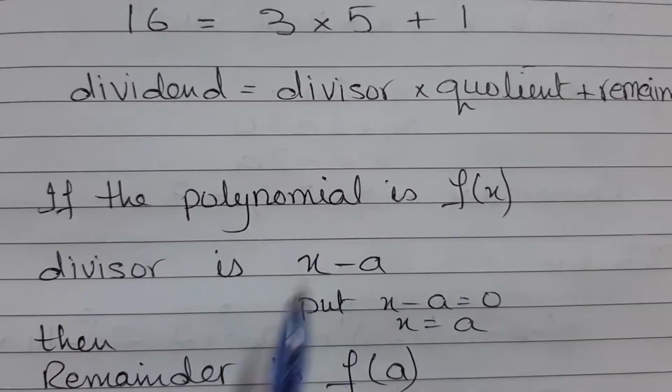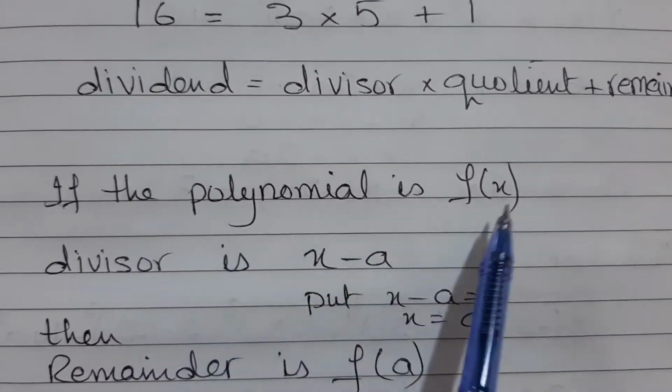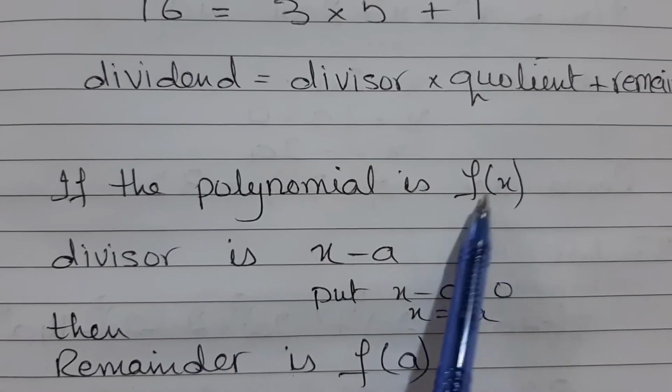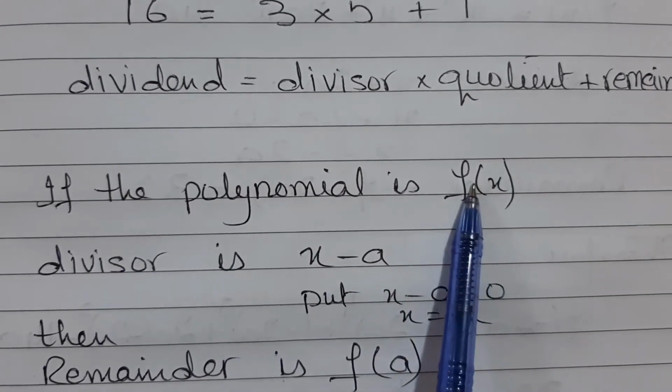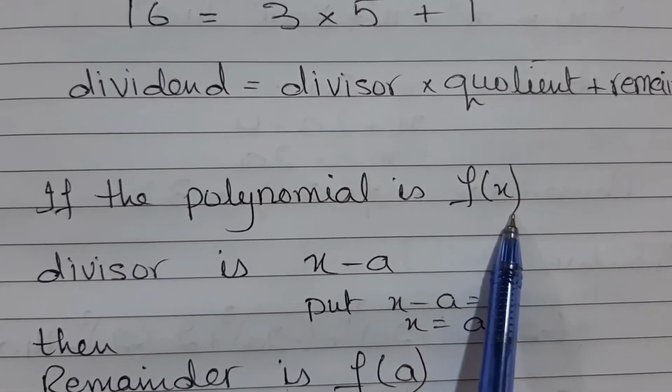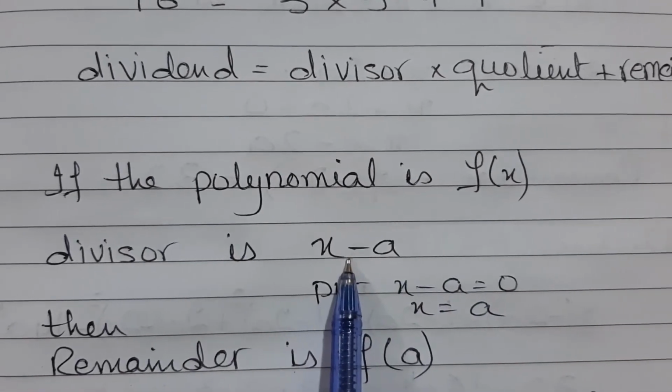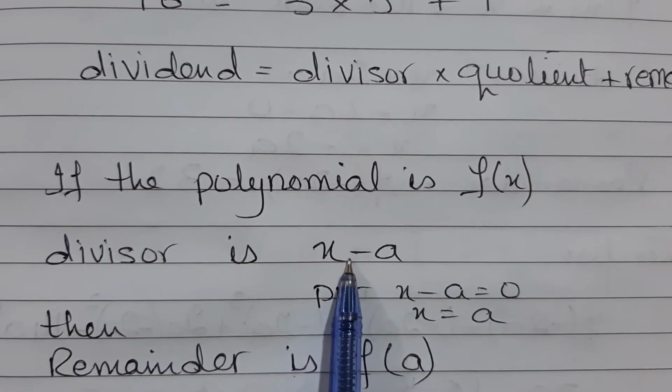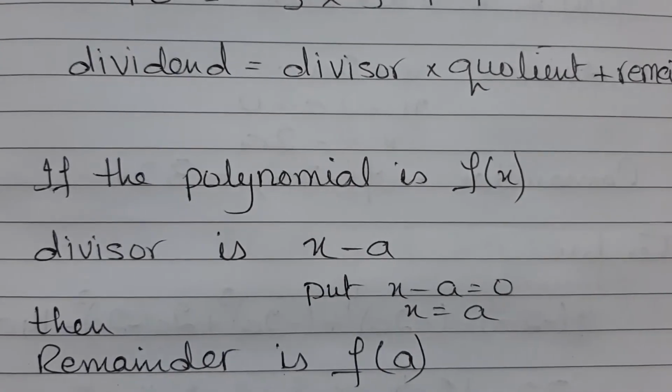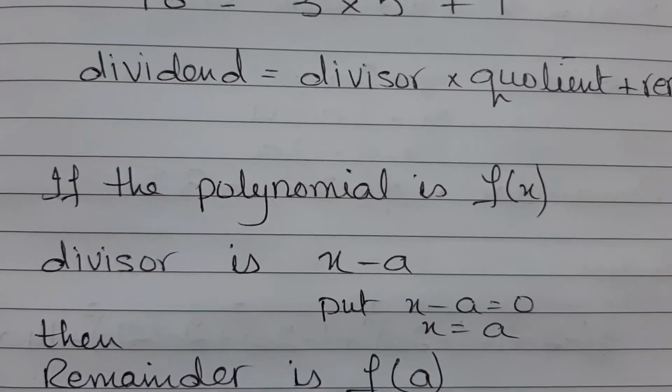Okay, so now the remainder theorem says if you have a polynomial, right? Dividend carrying the polynomial, and this is your divisor. Okay, I will take an example of a number to make it more clear, but right now I'm talking in general terms.